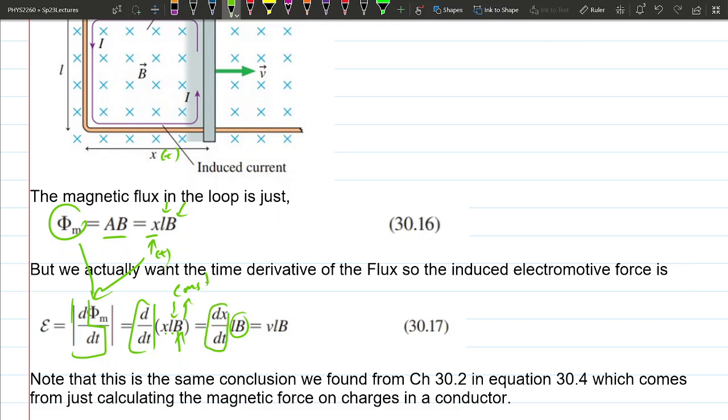And dx by dt is exactly what velocity is. So the EMF induced by this is just vLB, which is exactly the same result from section 30.2.